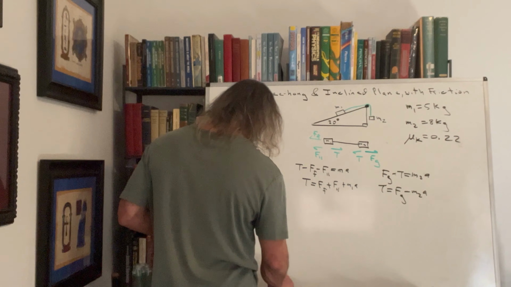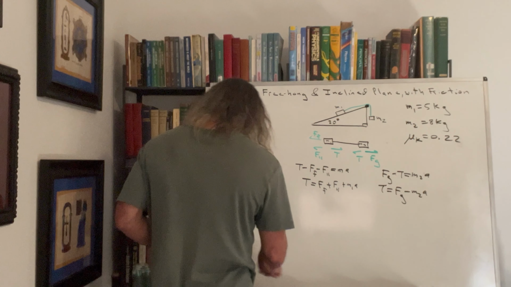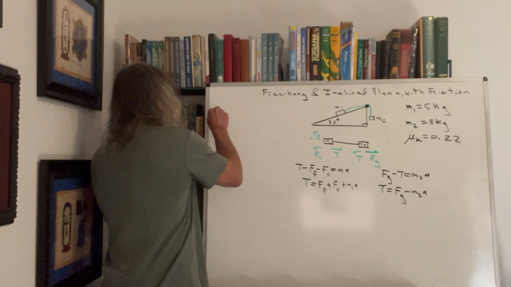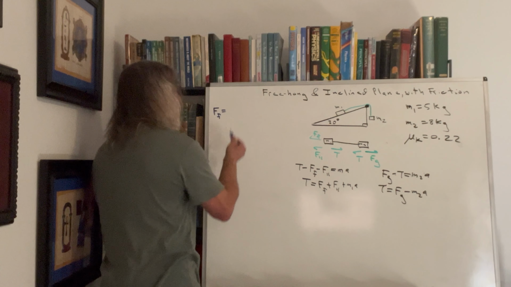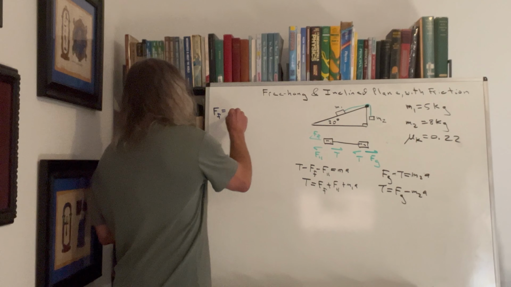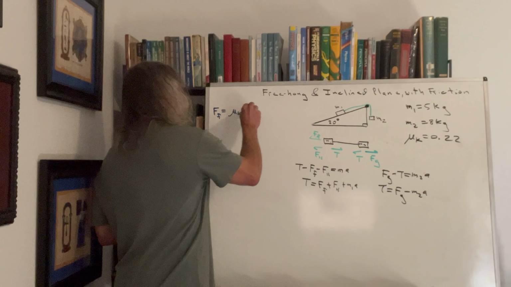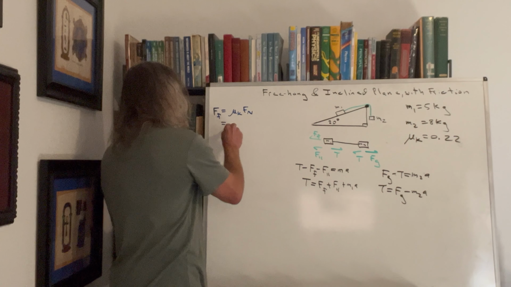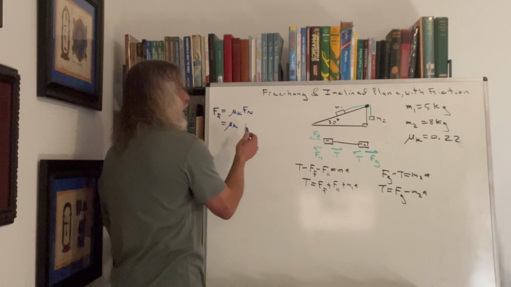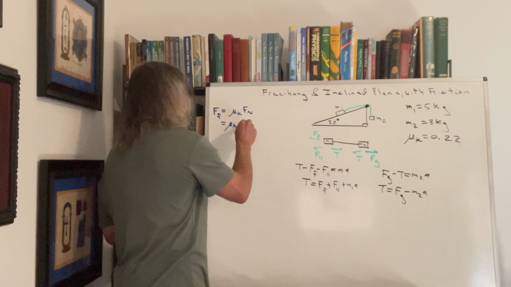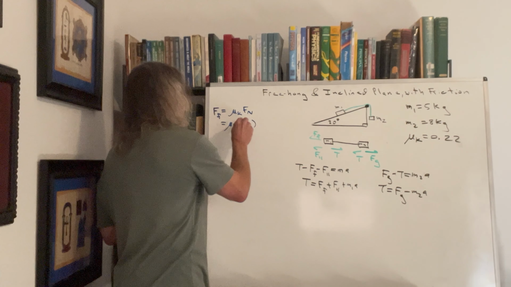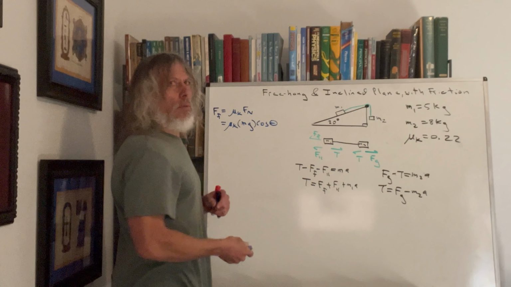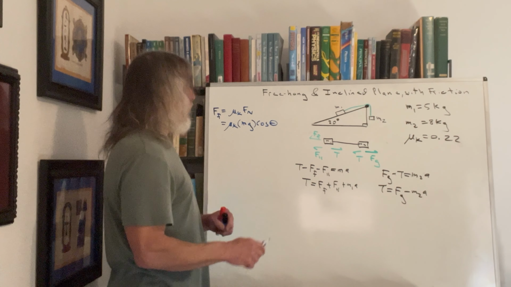Force of friction, better, is going to be mu sub k times the normal force, and that's going to be mu sub k times the weight times cosine theta. Okay, from videos before.